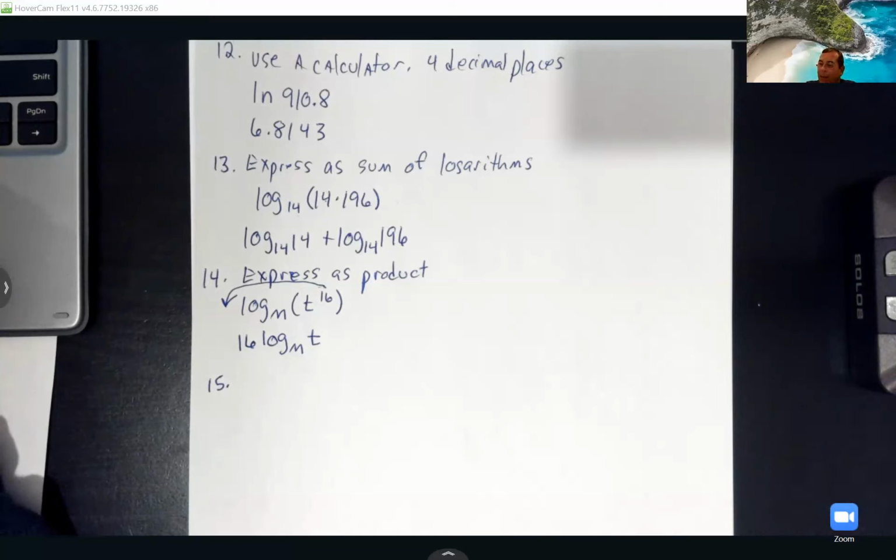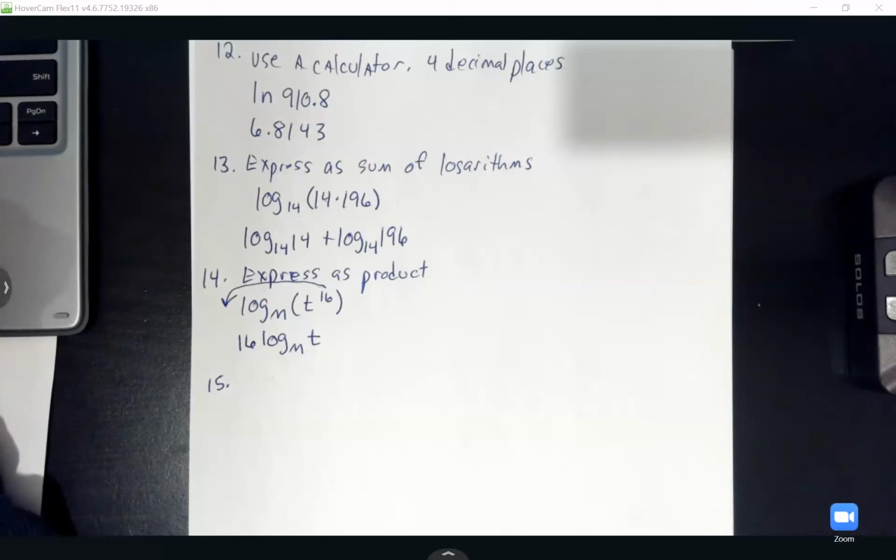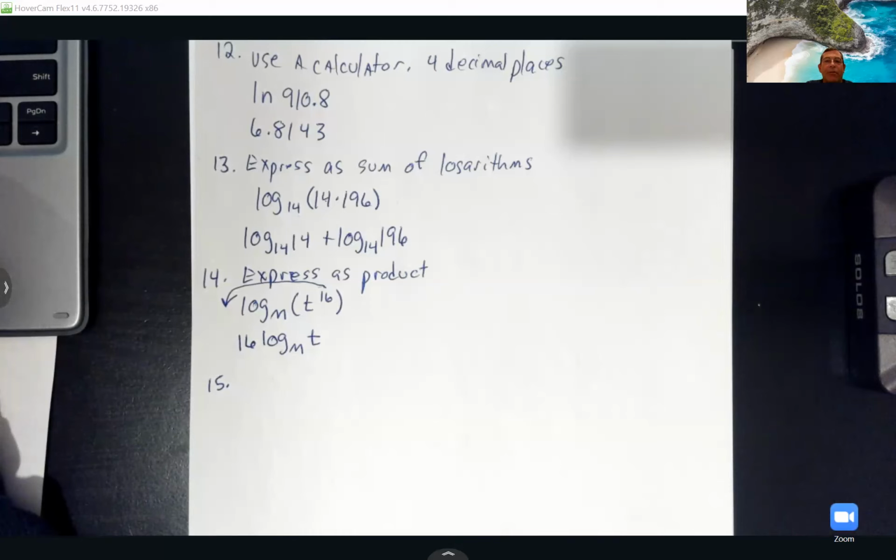Then let me go down to test 4 review. That was problem 14 I was on, I think? Yes, 14. All right, let me share that screen now.